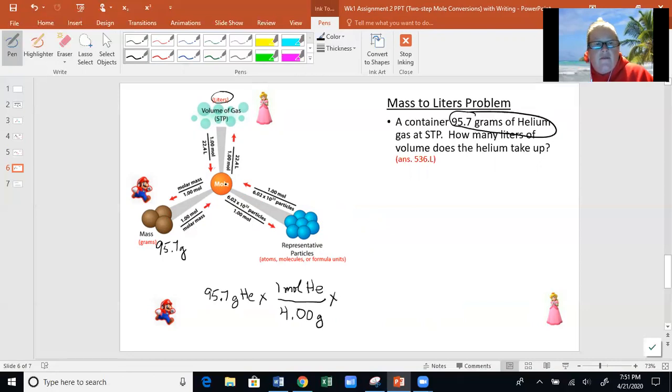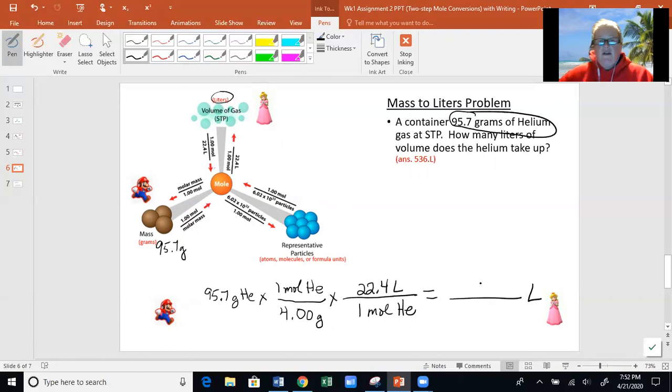All right, Mario has made it to the mole parking lot. He is now heading up to the liters parking lot, and that conversion factor, following the arrow, has 1 mole of helium on the bottom and 22.4 liters on the top, and that will give us liters. My grams cancel, my moles of helium cancel, and I have liters.